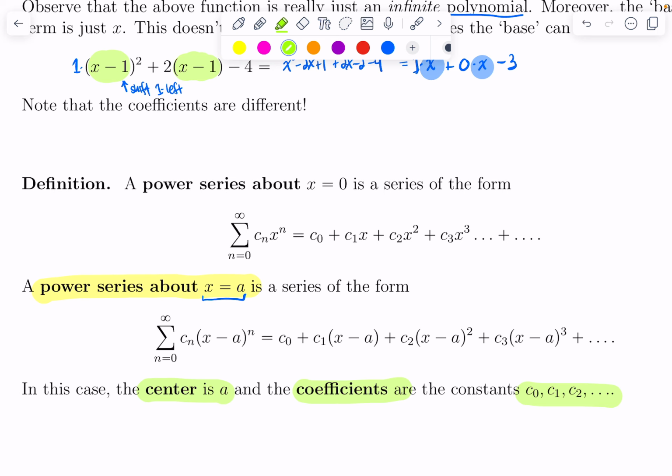And if instead I choose to expand my power series about 0, then we get a series that looks like this, with one really important caveat. As we saw with this example up here, when I change my shift, my coefficients might change, so these coefficients might not be the same.